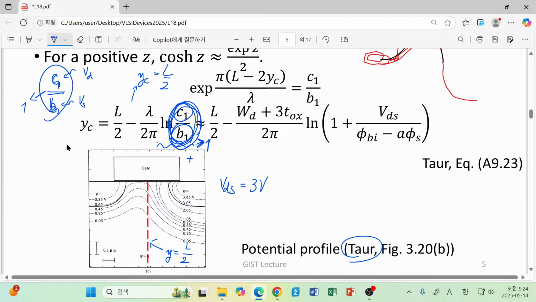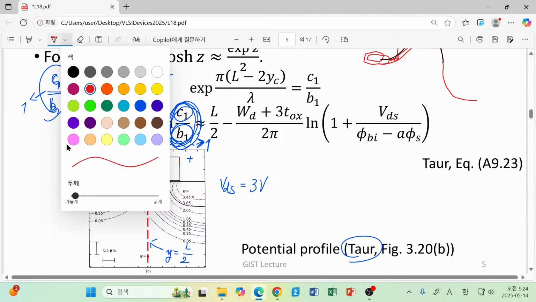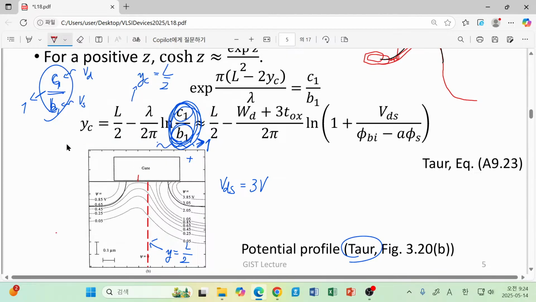Please guess. So our YC point can be found somewhere here in this expression. You can easily understand. That's the reason why YC is shown here. The only reason why we have this shifted YC is the impact of high drain voltage. This high drain voltage lifts up, so that's the reason why the minimum occurs as shown here.